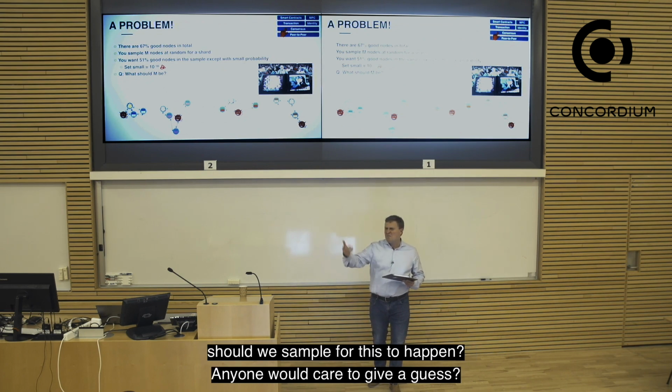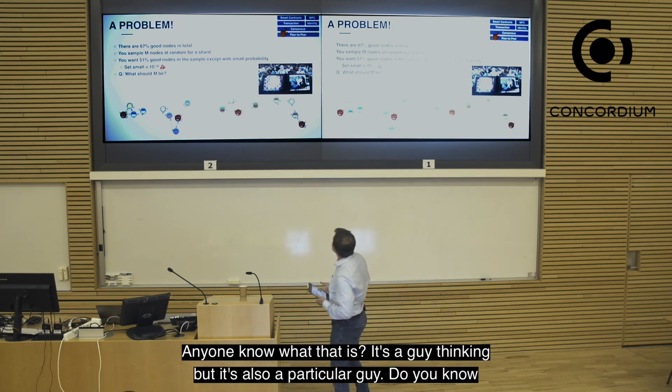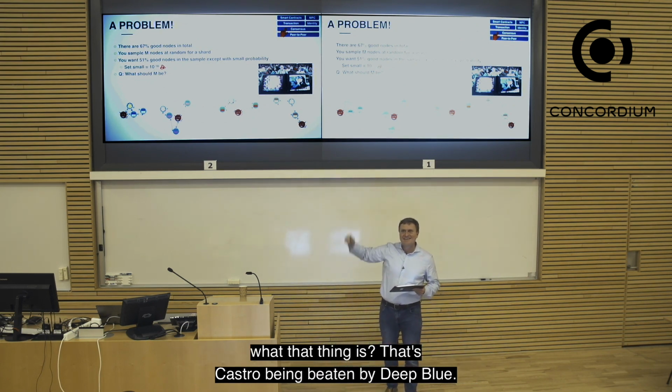How many should you sample for this to behave? Anyone care to give a guess? Anyone know what that is? It's a guy thinking, but it's a particular guy. Do you know what that thing is? Yeah, that's Kasparov being beaten by Deep Blue.